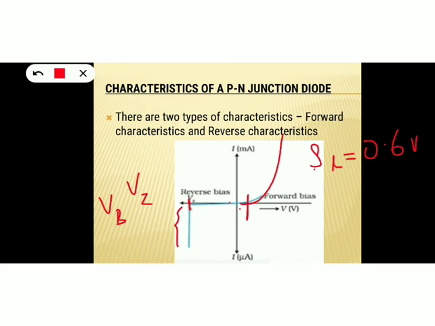It means if the silicon diode needs to conduct current, we should apply an external voltage greater than this 0.6 volt. And this value of threshold voltage will be constant for a particular material. So for a silicon diode, the value of threshold voltage is always 0.6 volt. It will be different for another semiconductor. For germanium, the value of threshold voltage will be different.